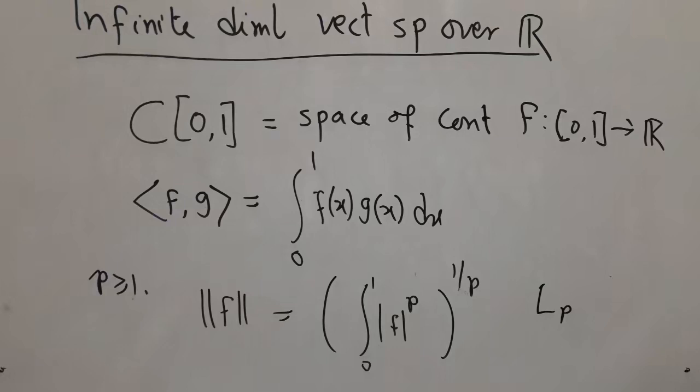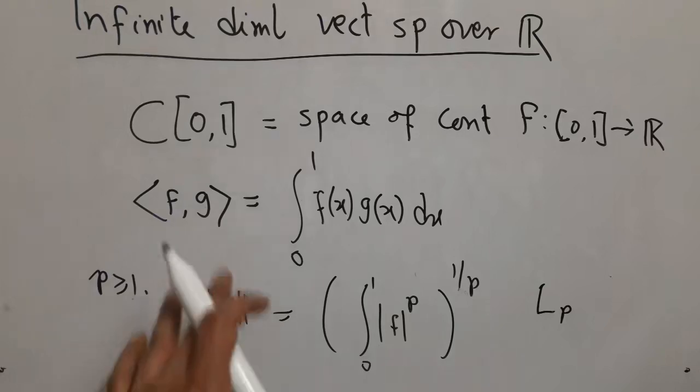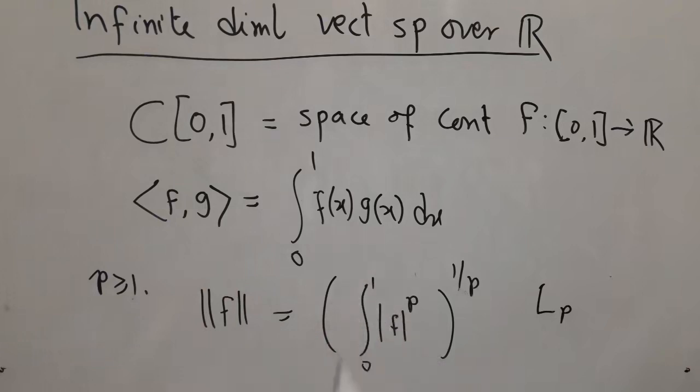And as usual, you can define the L infinity norm as the maximum absolute value of f over this interval. Okay, so that's basically a taste of various inner products and norms over one infinite dimensional vector space.